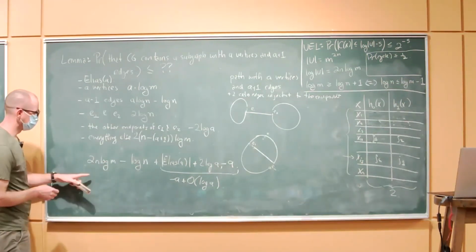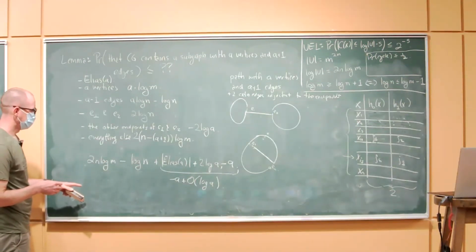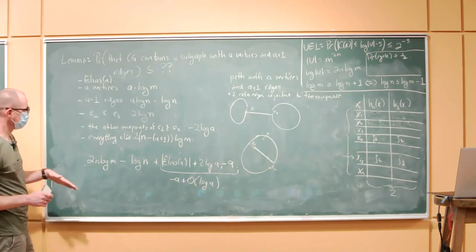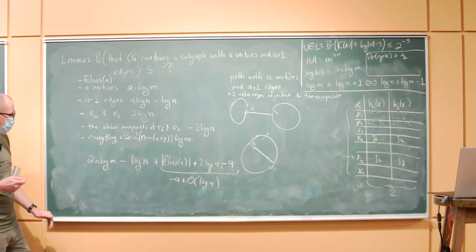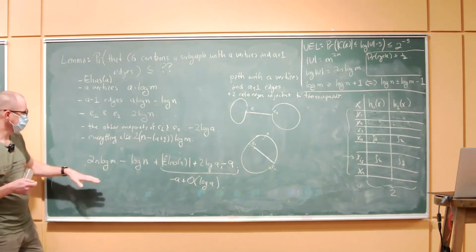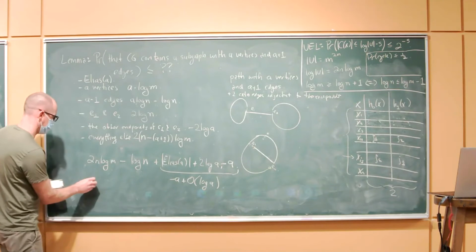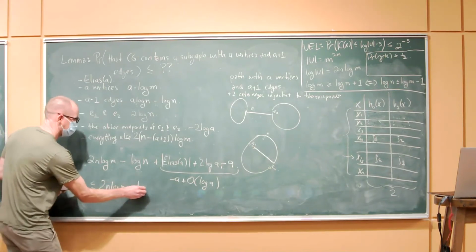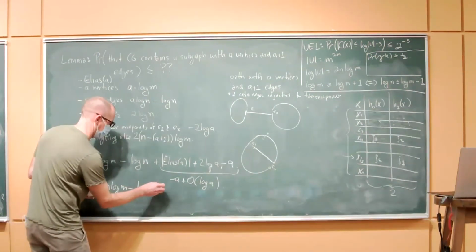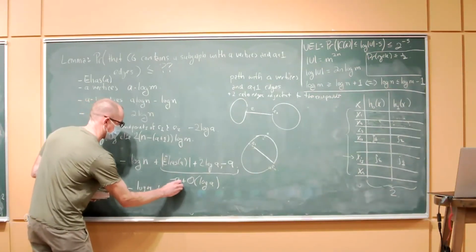So the point is, no matter what the value of A is, this thing is at most 2n log m minus log n plus a constant.